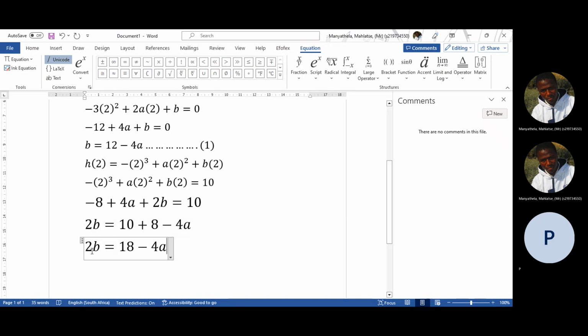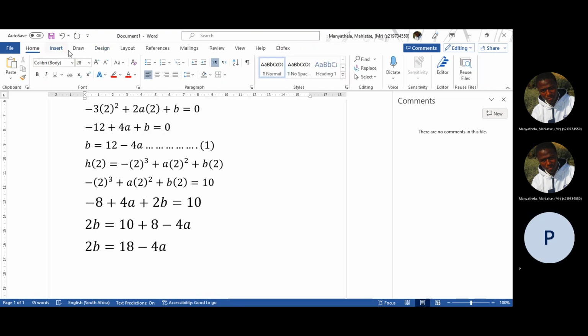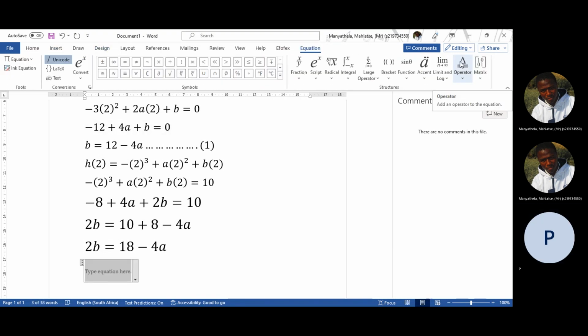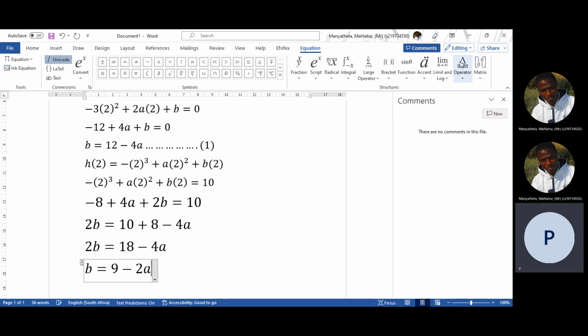Let's divide both sides by 2 so that we are left with only b. So b is equal to 2 divided by 2, which is 1, and then 4a divided by 2 is 2a. You can call this your second equation.